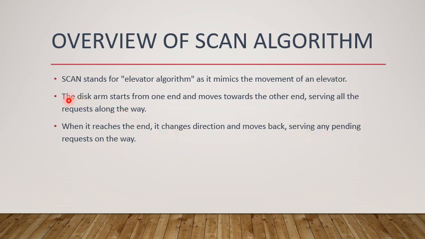It is different from other algorithms in that the disk arm, that is the head, if it starts to move in one direction like left or right, suppose it starts to move in the left direction, then it moves towards the end of the left direction and then it changes direction. But after it, if it moves in the right direction, it does not move till the end of the right direction. So in this way, it is different from the other disk scheduling algorithms.